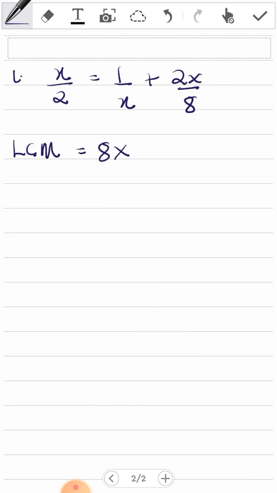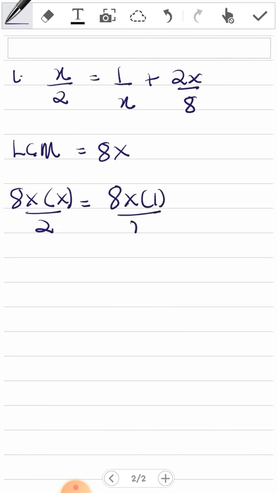Alright, so I will multiply through, I'll get 8x multiplying x over 2 is equal to 8x multiplying 1 over x plus 8x multiplying 2x over 8.